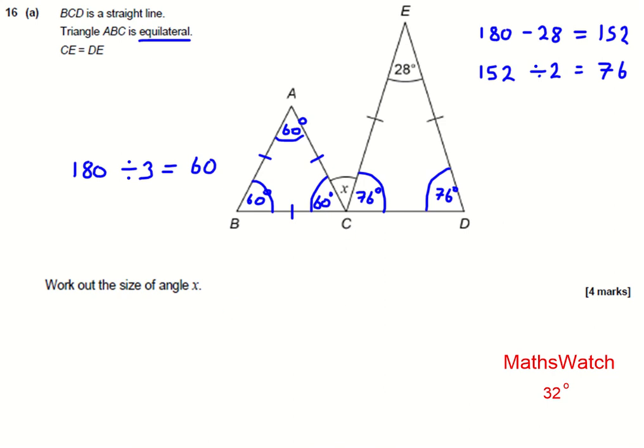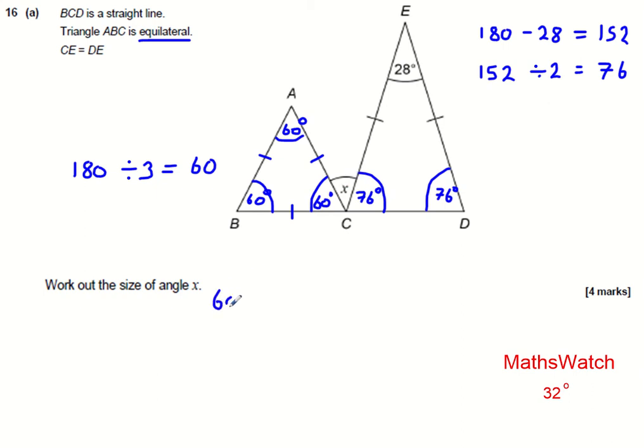Finally, we're going to use the fact that BCD is a straight line, and the statement angles on a straight line add up to 180 can sometimes be confusing, because with BCD, people often see all five of these angles, but they can't possibly add up to 180. What you are looking for is something that almost looks like a semicircle. They're the angles that add up to 180, so it's those three that are around the point C. So the 60, the 76 and the X will add up to 180.